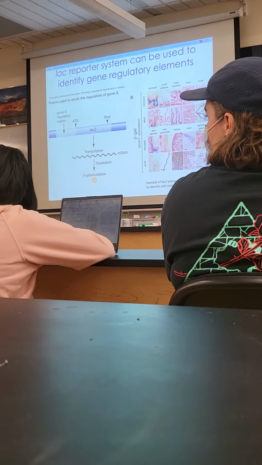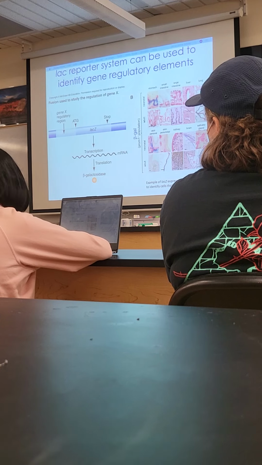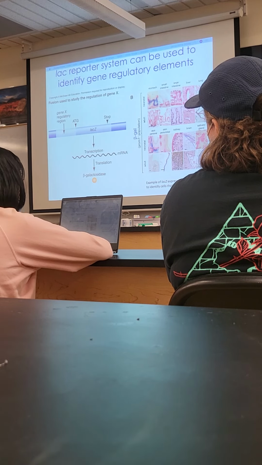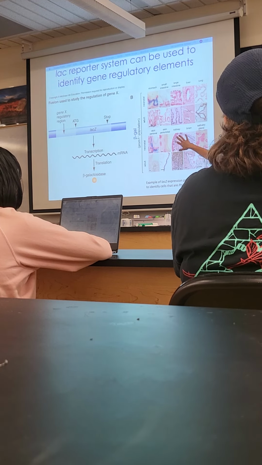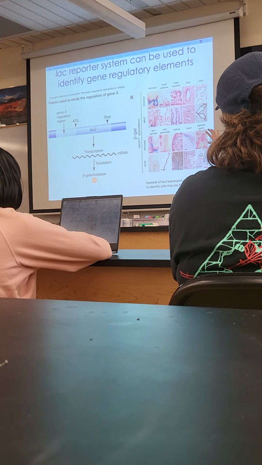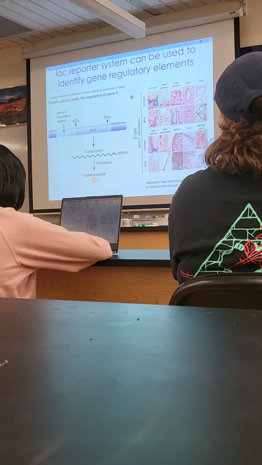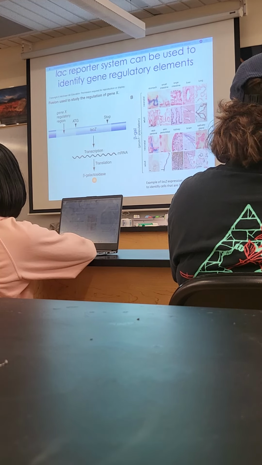Just for clarification, why is this method beneficial, knowing when the lac is turned on? It's not so much about that. This is an artificial setup, because LacZ is never found in mice anyway, but it's being used as a color reporter, as a visual way that you can see which cells turned it on.